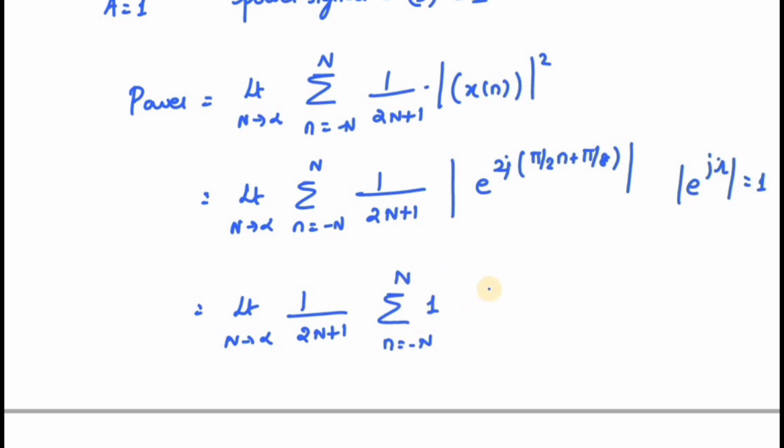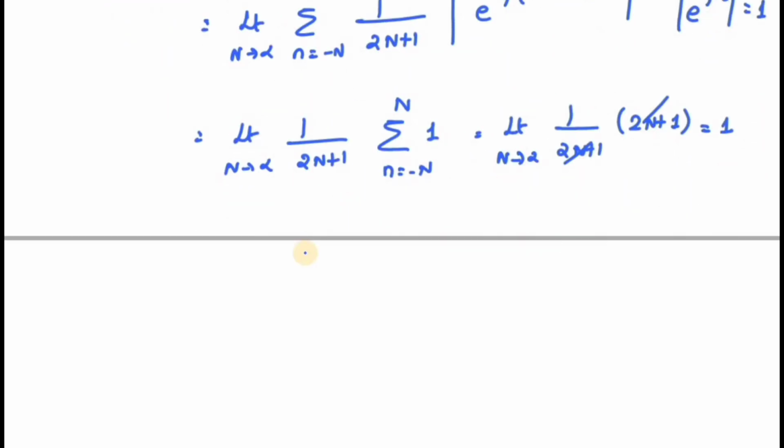So minus n to n gives 2n plus 1, so these two get cancelled out. You get the answer as 1. If you find the value of energy, you will get infinity.